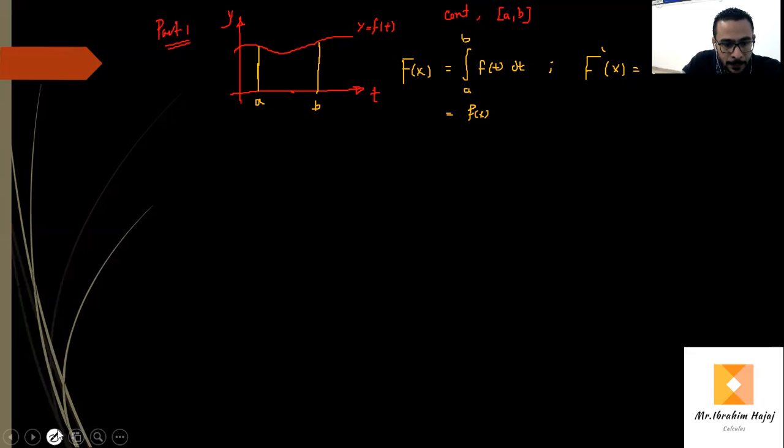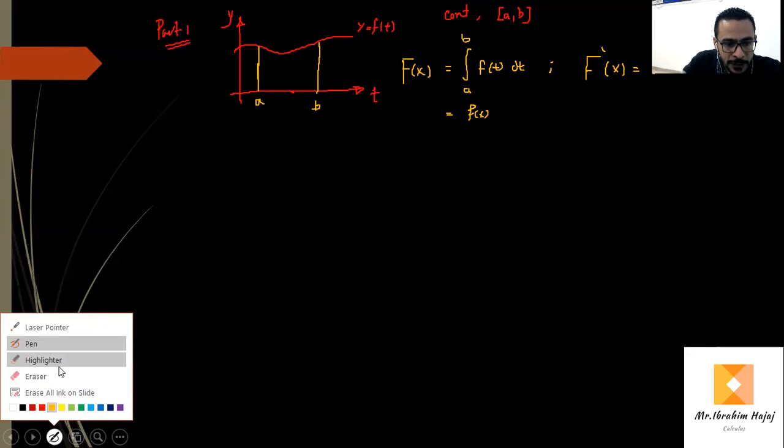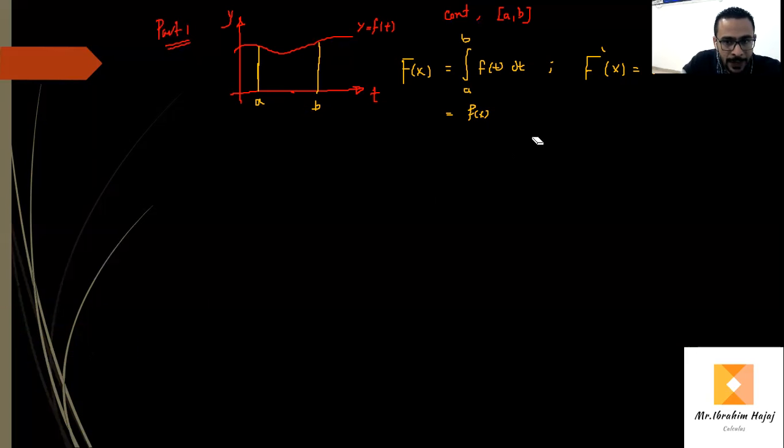We will change something here: we have from a to another variable x, where x belongs to this closed interval a b. So let me put x between a and b; here is the x.